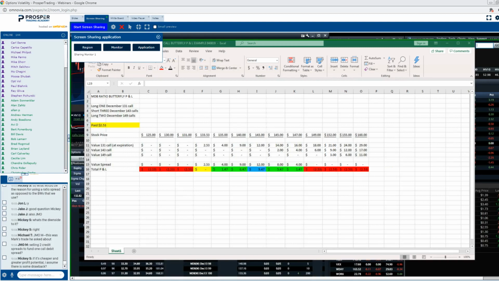Well, the drawback is, look at the first option that Mark is using. Okay, the first option he's using was actually an in-the-money option.